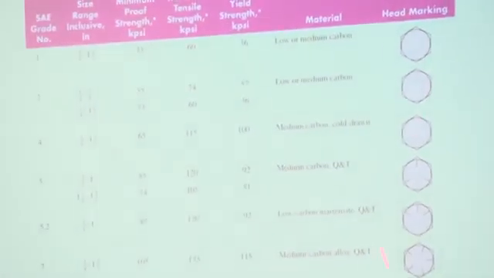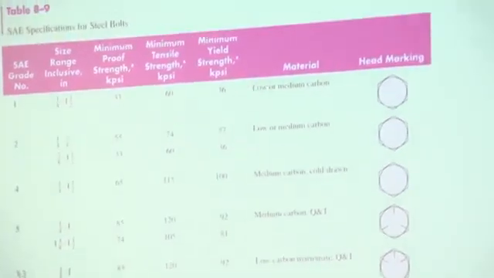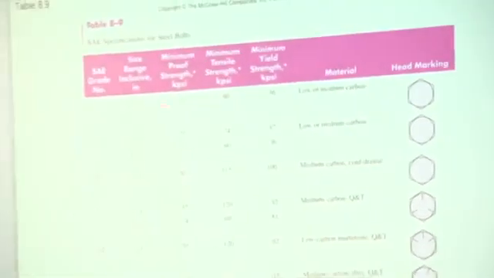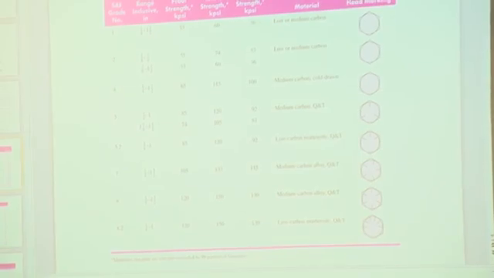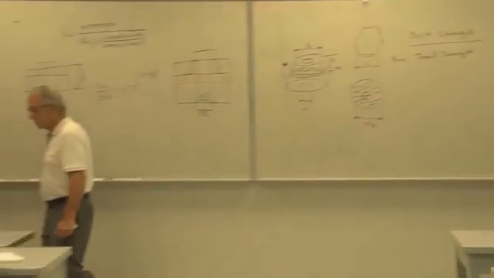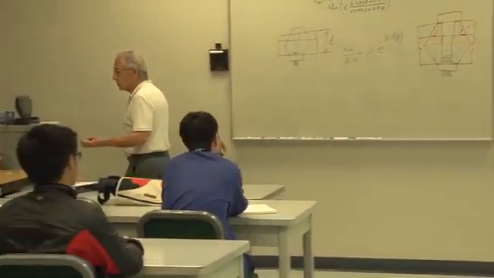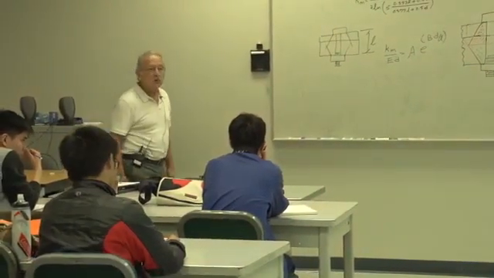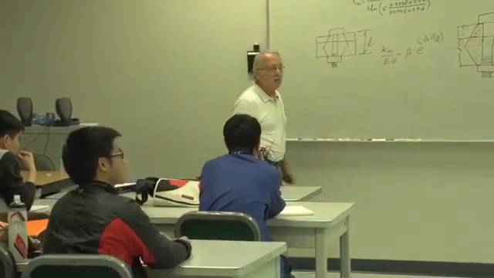You can tell them by markings, but that's not something that you should memorize. They give you the minimum proof strength, minimum tensile strength, and minimum yield strength. All of the properties of bolts are given there. So you go there and you pick this minimum proof strength, and we use it as the strength of the bolt.